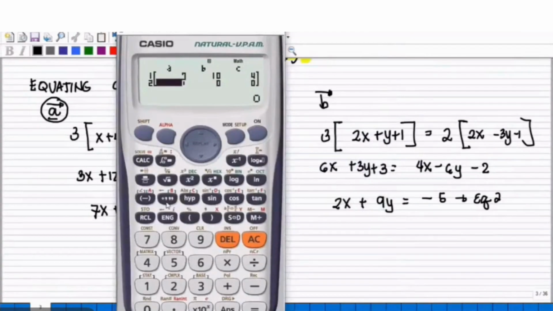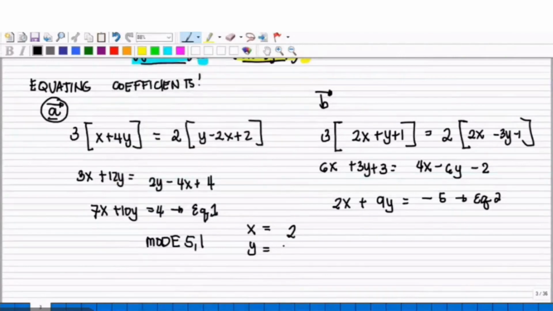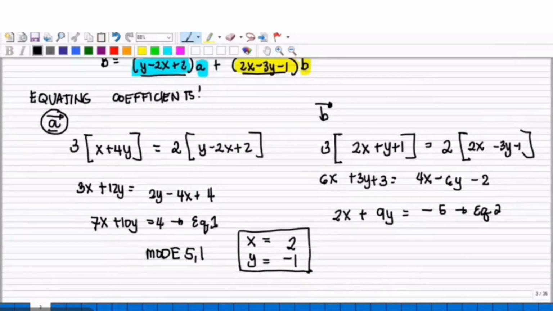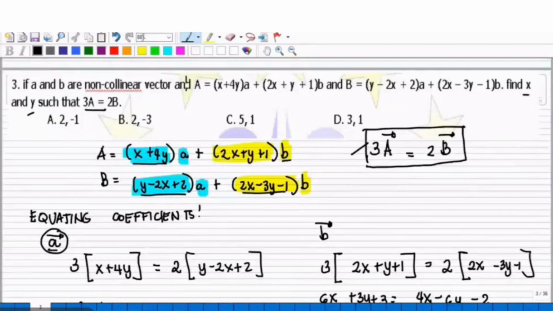Then, for the second equation, this is 2x plus 9y. That is equal to negative 5. So, this is 2 at saka negative 1. Okay? So, x is equal to 2, y is equal to negative 1. And that is letter A.